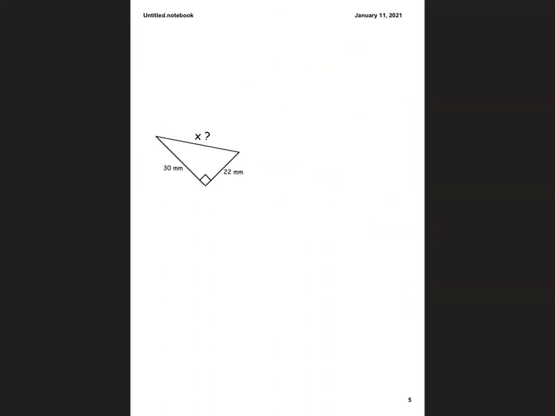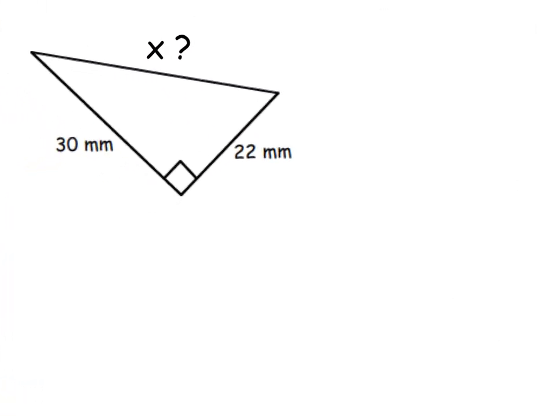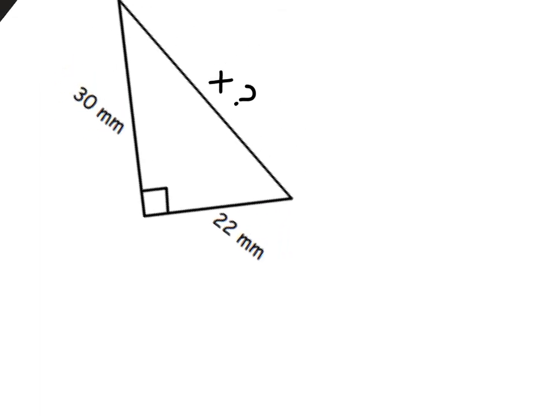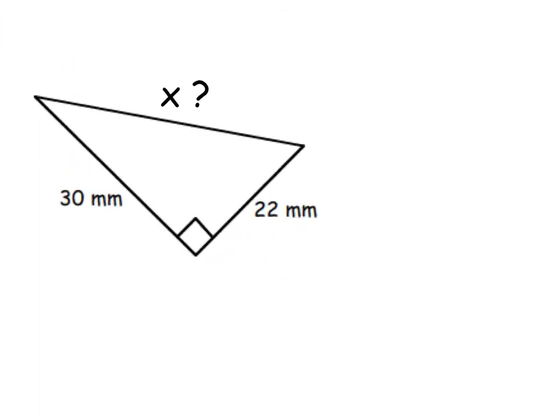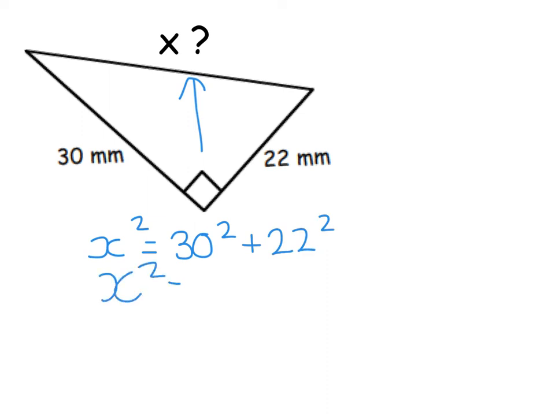Okay, let's do one more. Right, this one, bigger numbers. The triangle is slightly turned. If you want to, I can turn it like that for you. Either way, that's the slope we're working out there still. It's the side opposite the right angle that we're after. So it's still the same working. x squared equals, take your 2 numbers and square them. 30 squared plus 22 squared. Go work that out in your calculator. Remember to type it in. It's 30 x squared button plus 22 x squared button.